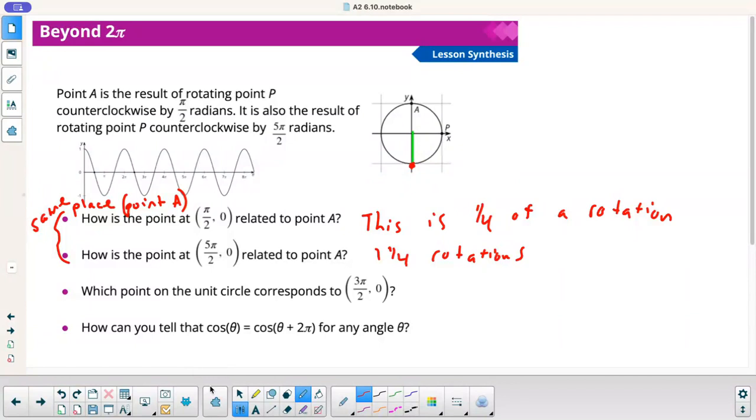So the last one, how can you tell that cosine of theta is equal to cosine of theta plus 2 pi for any angle theta?